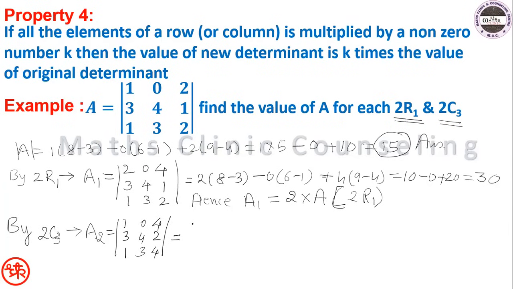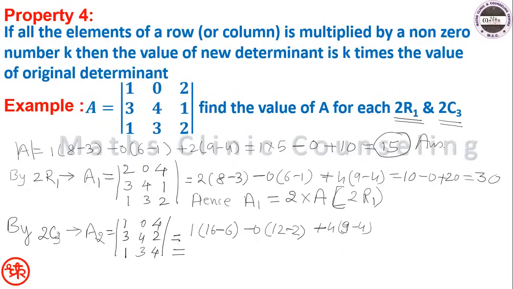So what will you get? 1 multiplied by 16 minus 6, minus 0 multiplied by 12 minus 2, then plus 4 multiplied by 9 minus 4.